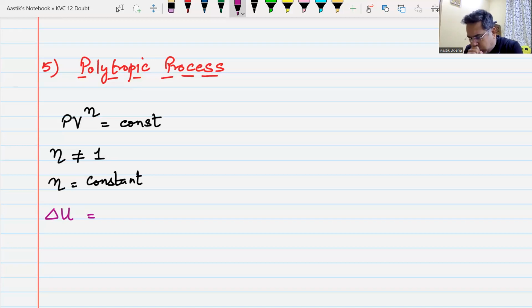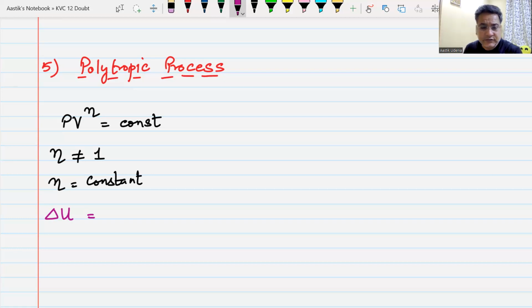NCP delta T, sir. NCP delta T. Wow, NCP delta T. Anyone with a different opinion about change in internal energy? In an isobaric process, what was the change in internal energy?